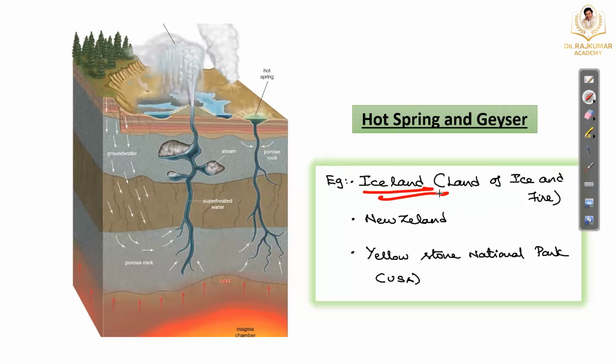Okay, Iceland. Then of course New Zealand, right? New Zealand is one more example of a place where you have hot springs and geysers. One small clarification: be it Iceland or New Zealand, both are located along plate boundaries. Just come to page number 118, natural hazards map.